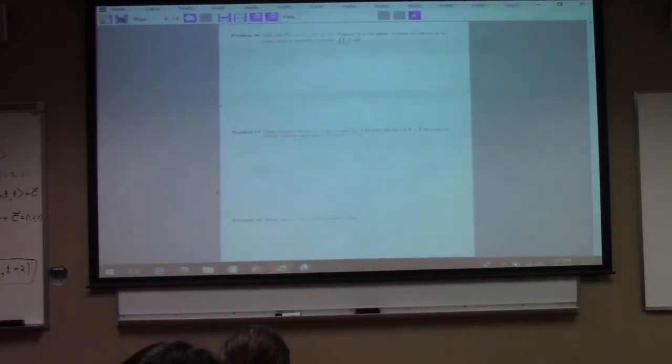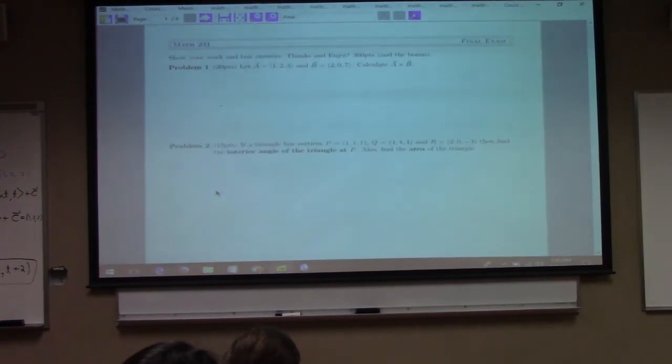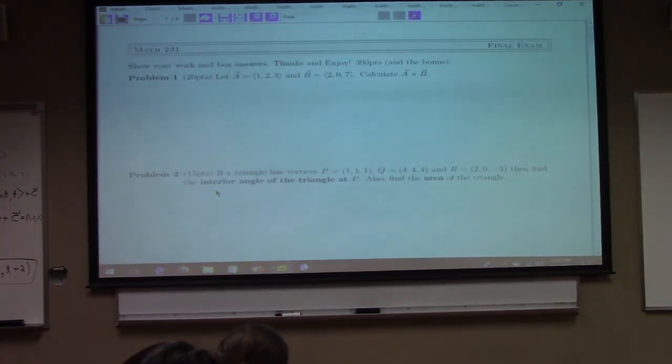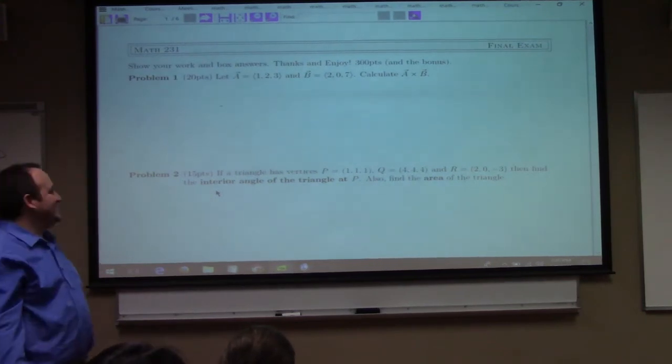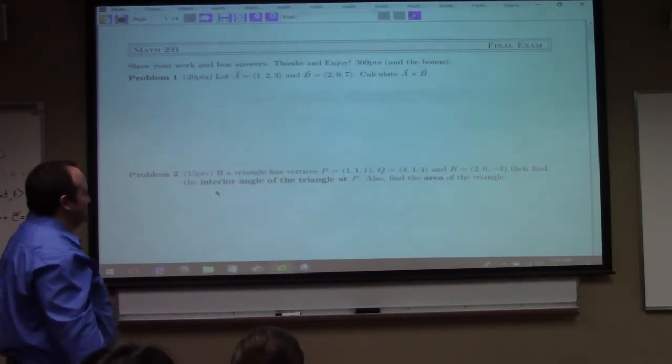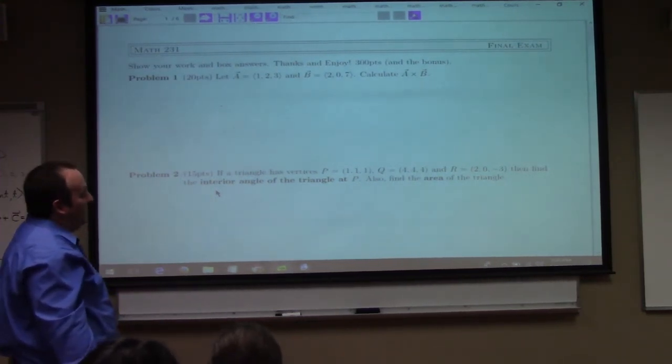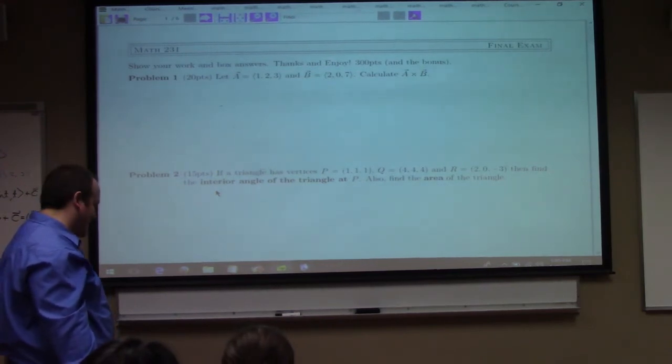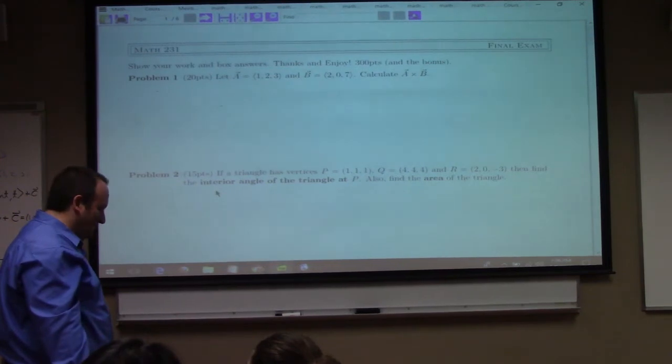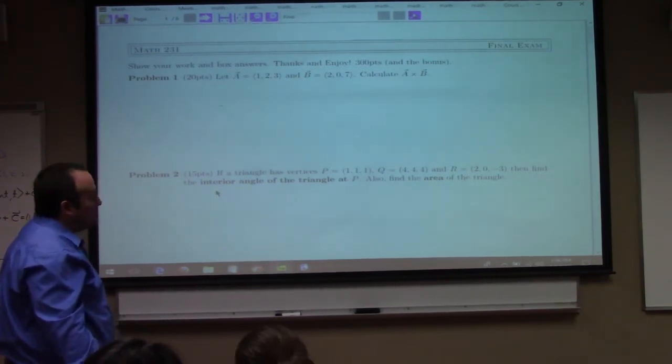Here we go. Let's see here. I like the first problem. 20 points for that. I like it too, but you would be surprised how many people get that wrong.